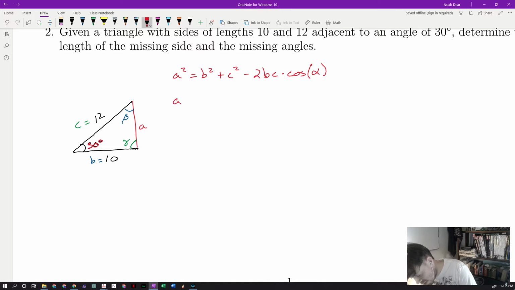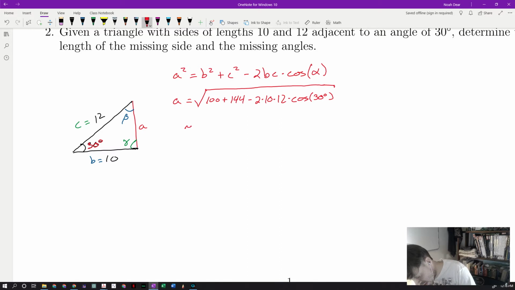So let's plug that in. I'm just going to take the square root right away. So a equals the square root of b is 10, so 10 squared is 100, plus c is 12, c squared is 144, minus 2 times b is 10, times c is 12, times the cosine of alpha, which is 30 degrees.